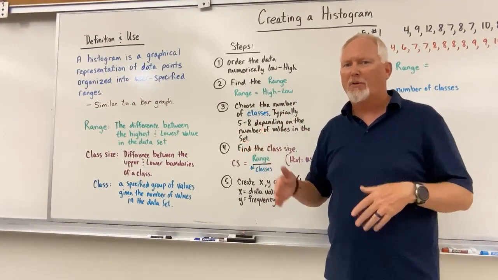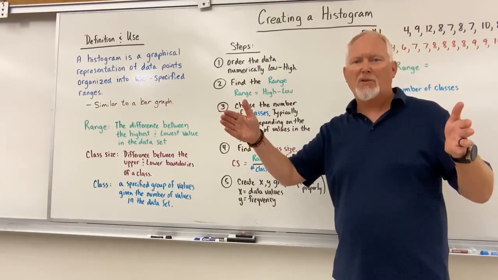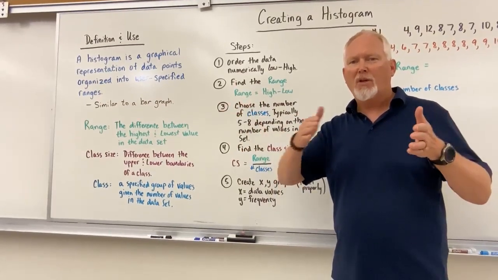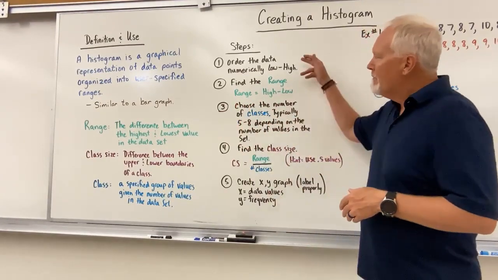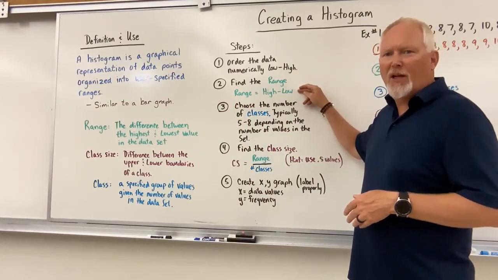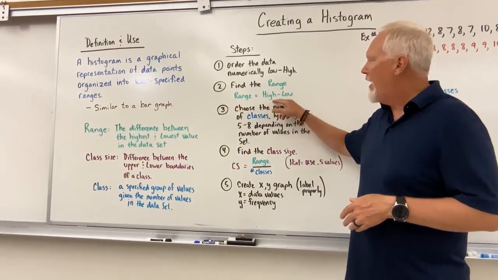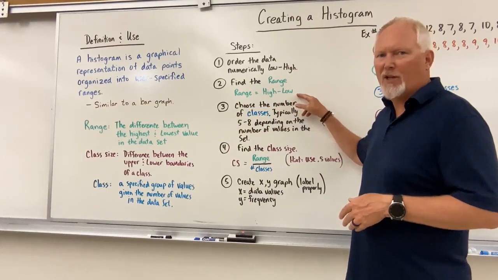A lot of people will do that instead of organizing them, because it basically puts it in order for you, and you can keep track of the number of values that you have. The second thing we want to do is find the range. Again, the range is the high value of the data set minus the low value of the data set.